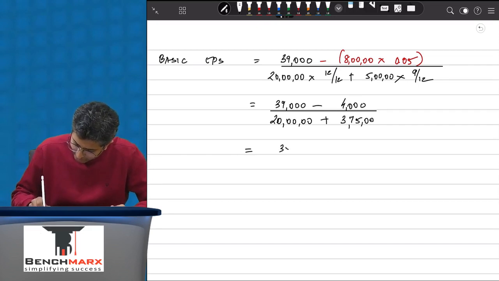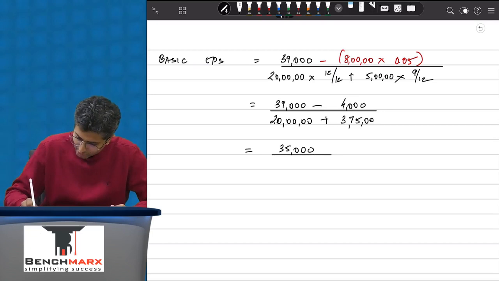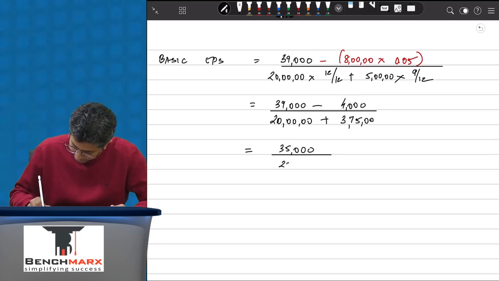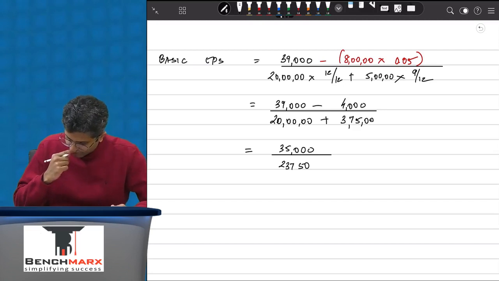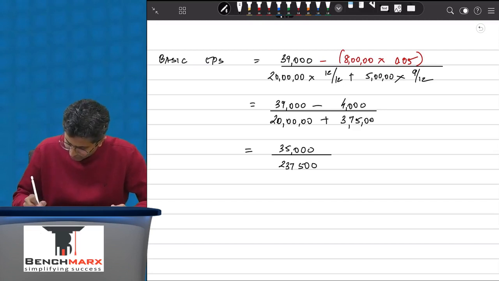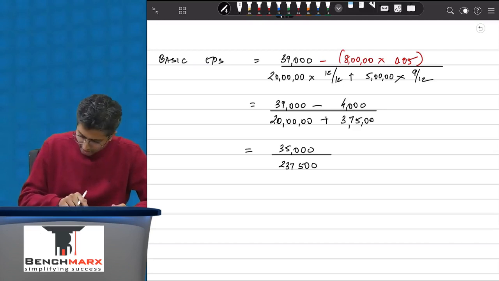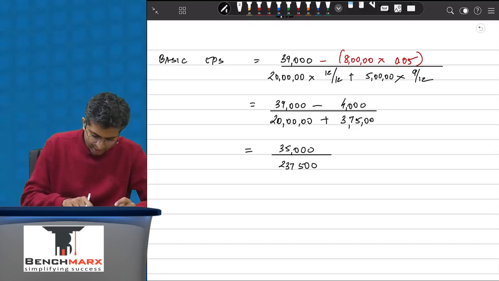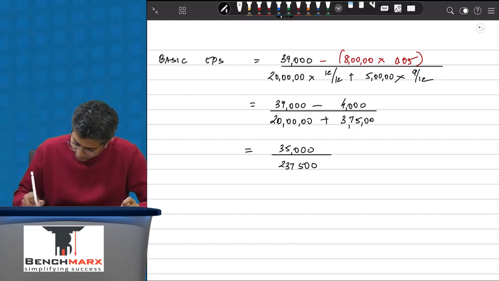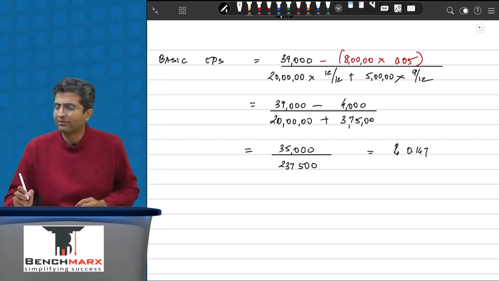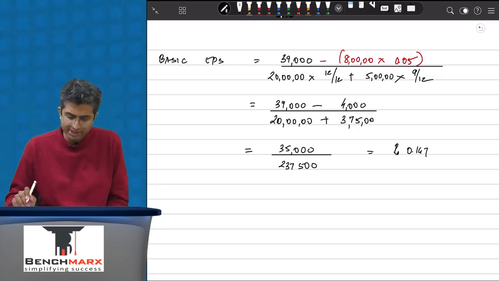So this will be 35,000 in the numerator, and in the denominator this will be 2,37,500. So this will be 35 upon 237,500, which will be, I think, 0.147. This will be your basic EPS.